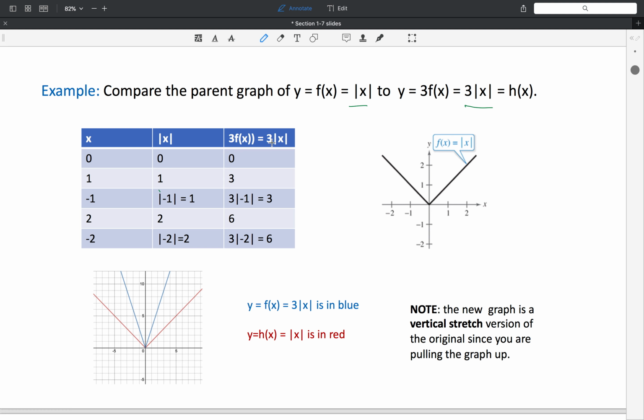For 3 times f of x, I'm going to get 3 at that point. So that's going to be the point (1, 3) on the new graph. It's almost like I'm taking this graph and moving it up. Then I plug in minus 1, and I get 3 over here, so I get this point on the new graph.